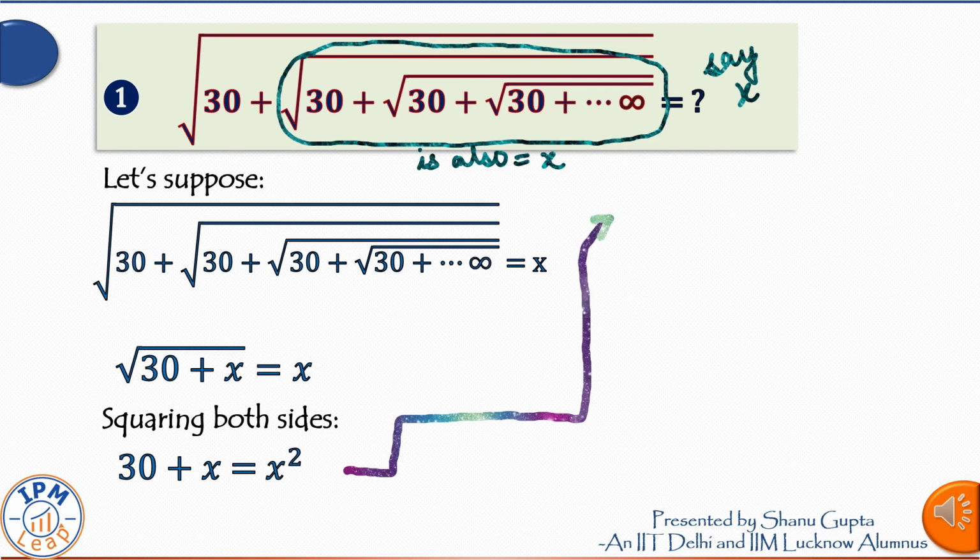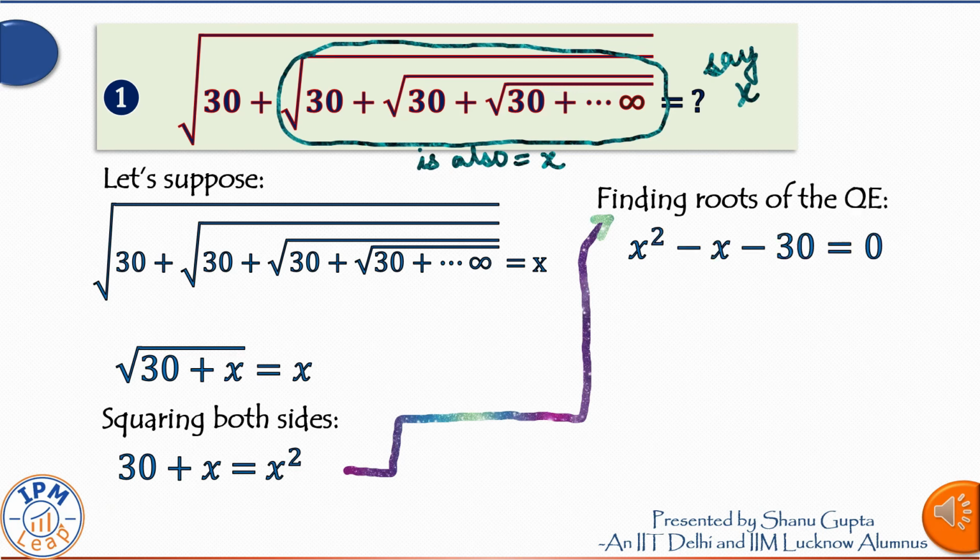Now this is a quadratic equation and very likely it will have roots that are integers or at least rational numbers. That means we can factorize this expression. The factors will be (x minus 6) into (x plus 5) is equal to 0.